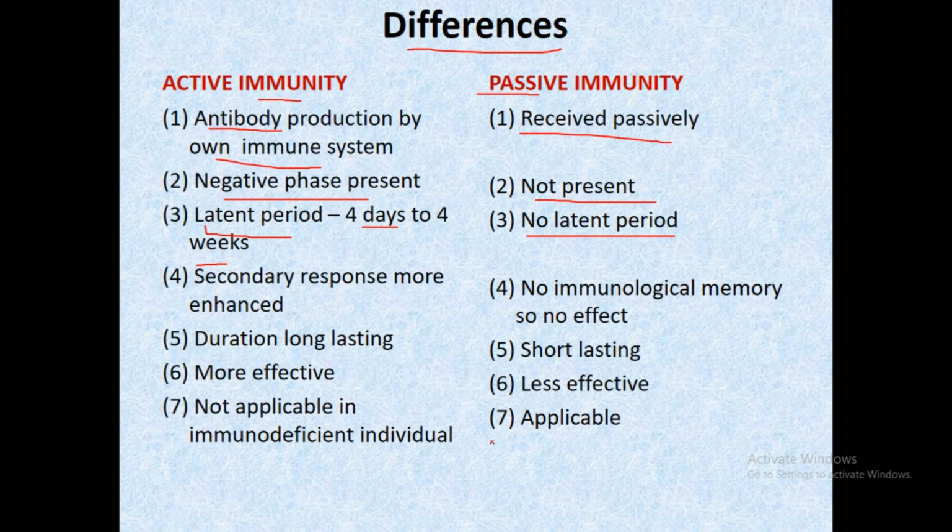So let me explain the negative phase as well as the latent period. I mean, what is the negative phase and what is the latent period. I am just drawing a simple graph where, at this point, for example, the bacterial infection takes place.